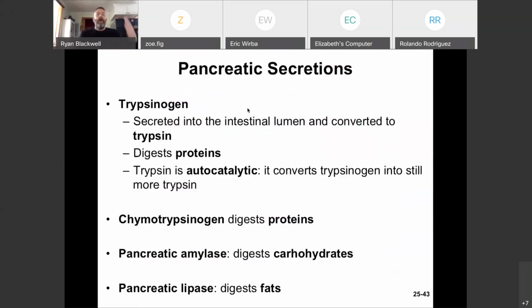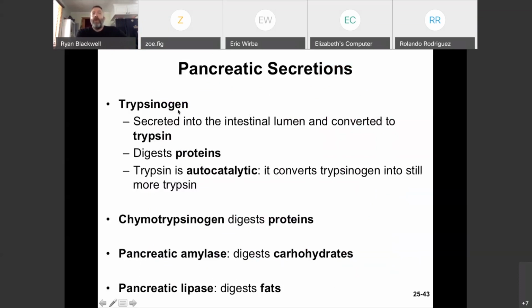There are four main digestive enzymes produced in the pancreas and secreted into the duodenum, the beginning of the small intestine. Two of these are potent protein digesters. One digests carbohydrates, one digests fats.